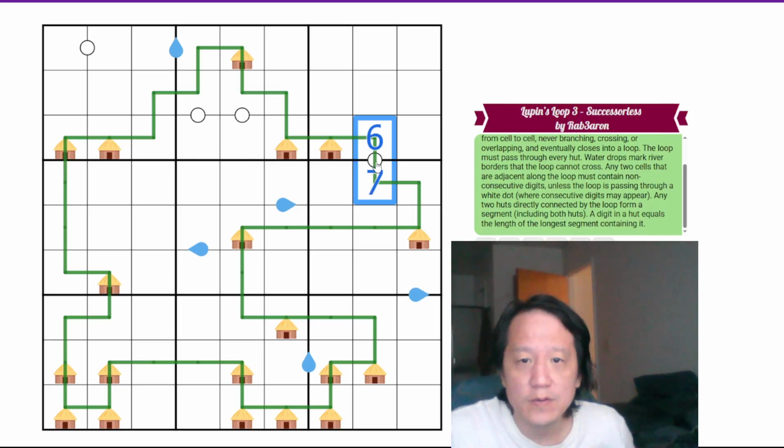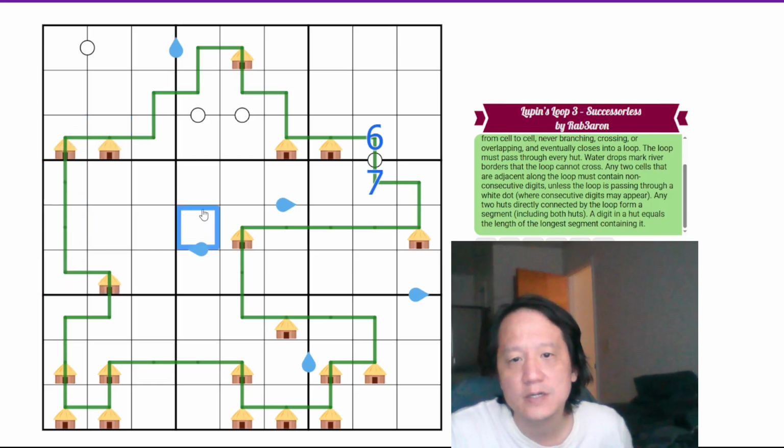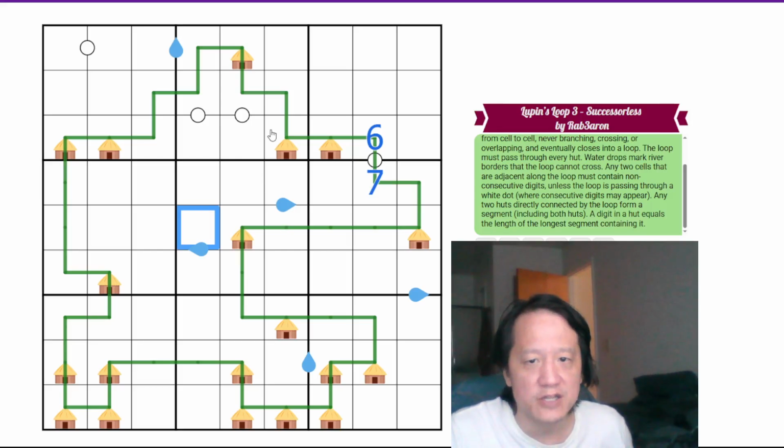But also, any two huts directly connected by the loop form a segment. So this is a segment, this is a segment, this is a segment, this is a segment here, etc. And a digit in a hut equals the length of the longest segment containing it.